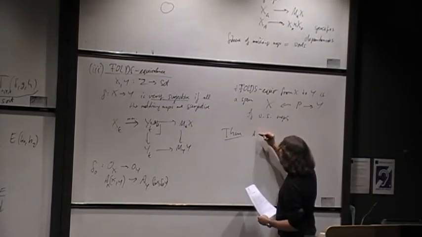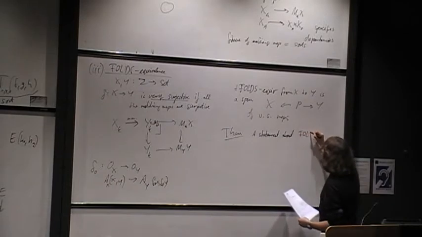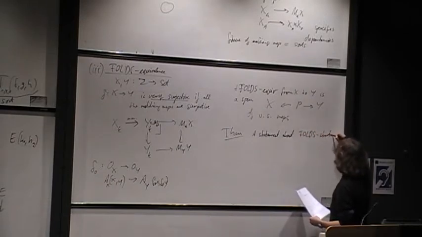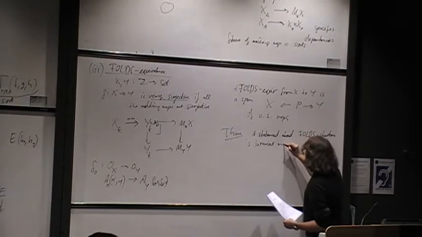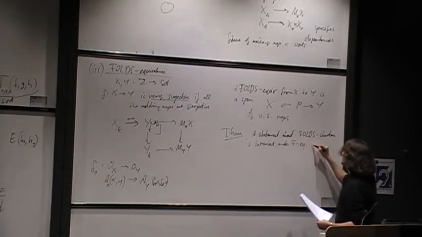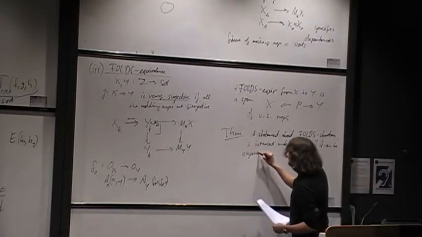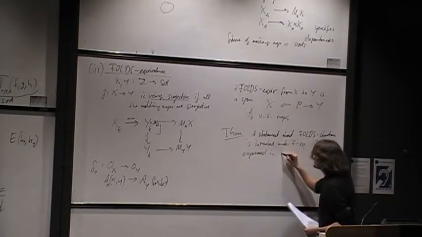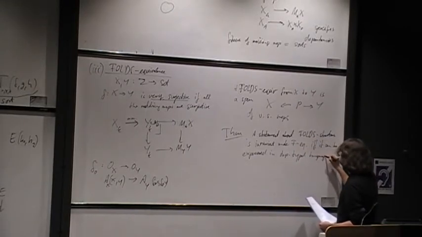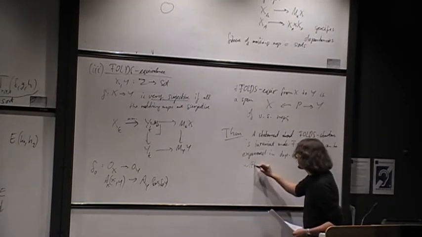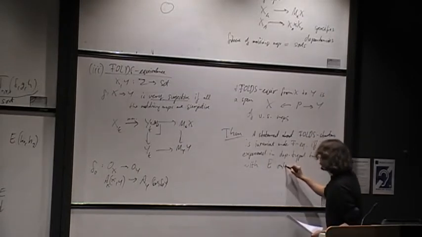A statement about false structures is invariant under false equivalence if and only if it can be expressed in a dependently typed language with equality E only on the top level.